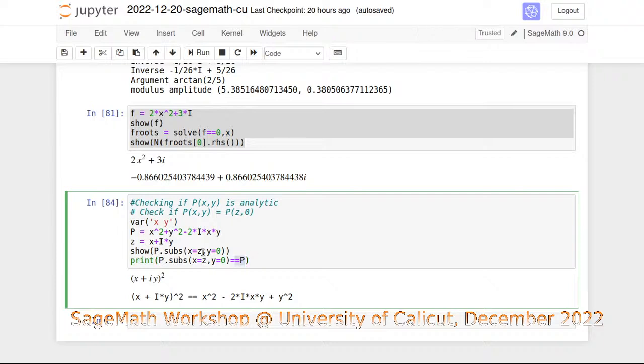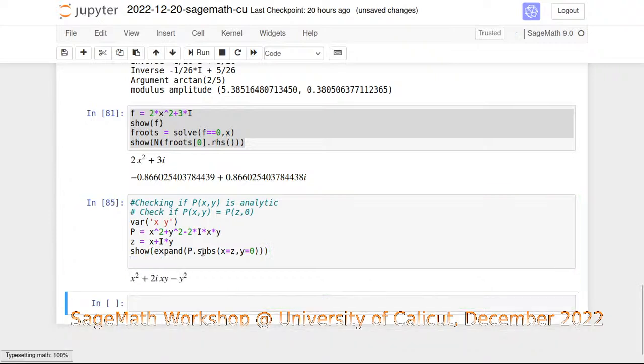That's not the correct answer that we are looking at. Maybe we can even expand and see. So here the expansion, x is equal to z and y is equal to 0.